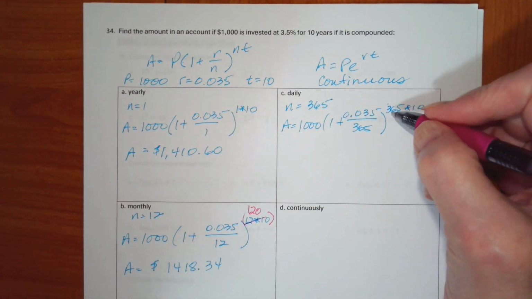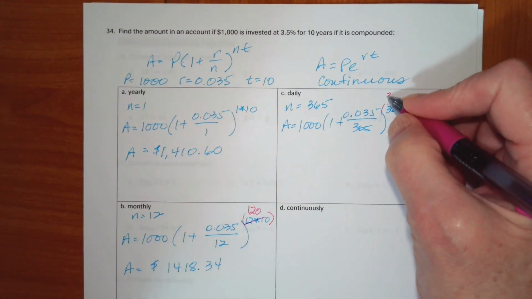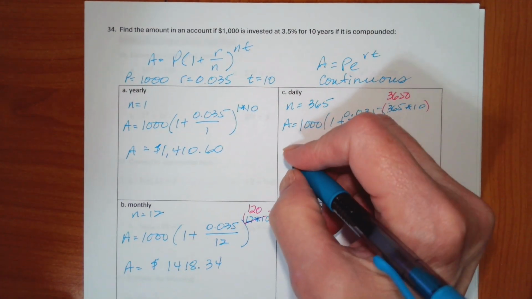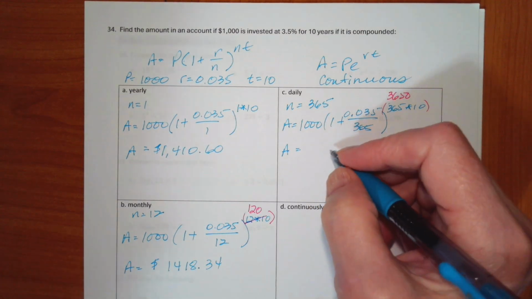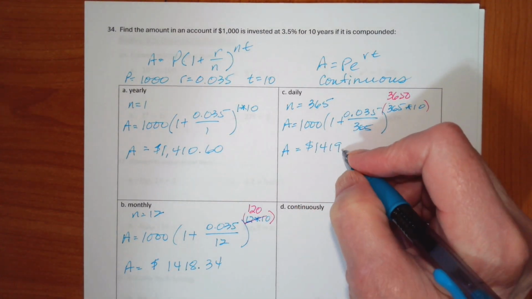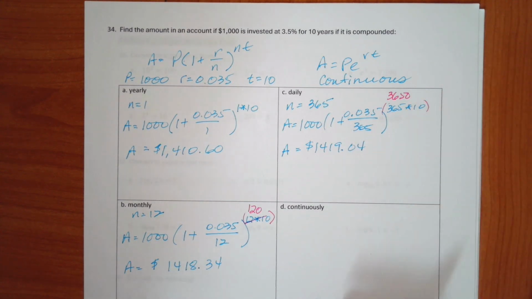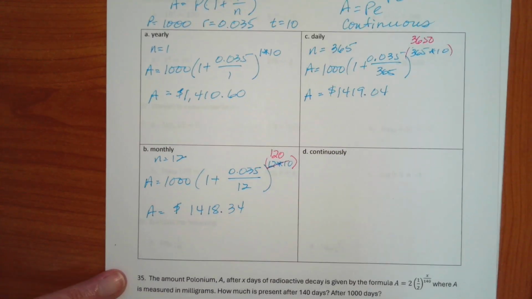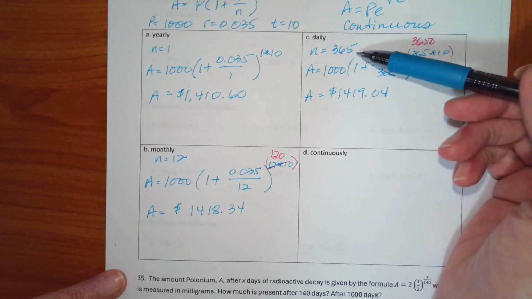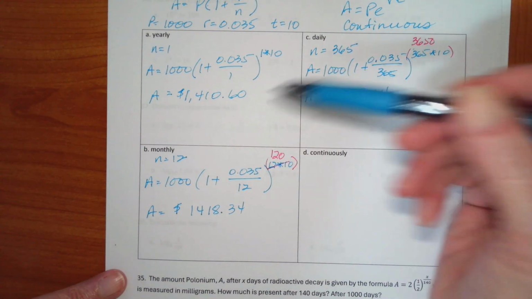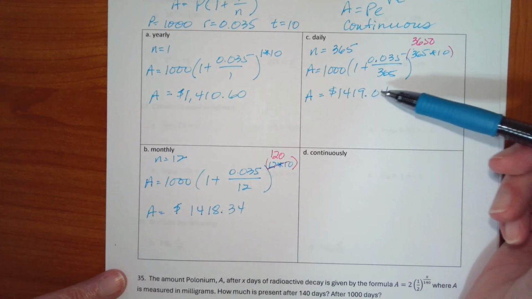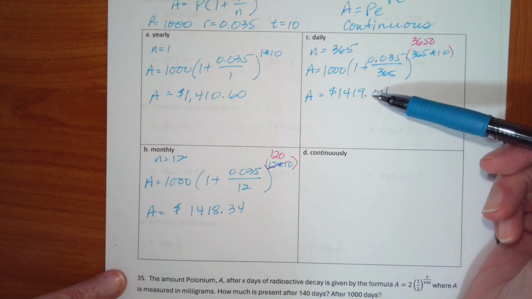And again, you may just want to change that to 3650 when you're plugging it in your calculator. So your ending amount is 1419.04. Okay, so you can see as the compounding period n increases, so does the amount in your account. It goes from 1410, goes up almost $8, but now here it doesn't even go up $1.